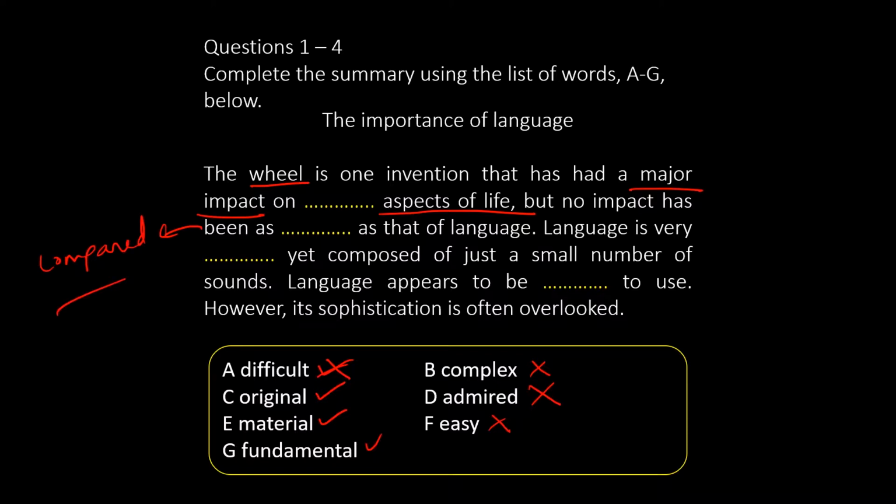For comparison, we have words like 'than', 'as blank as', 'more than', or 'equally'. Here they are saying no impact has been as great as that of language. That means language has more, so you look for a word meaning more. Hence, understanding the sentence and expecting something is the best way to find the answer in a blank kind of question. And this is actually a blank kind of question.